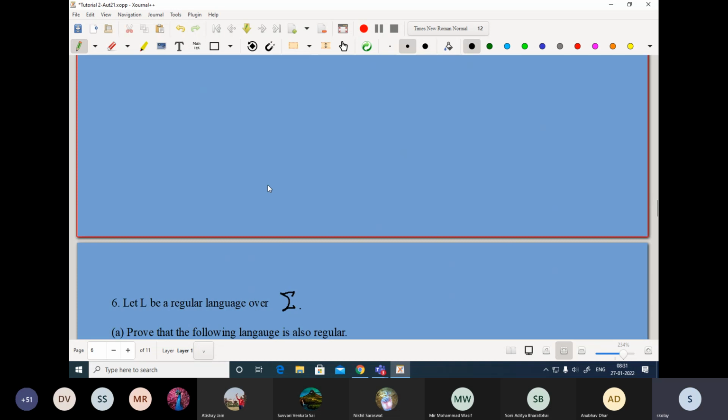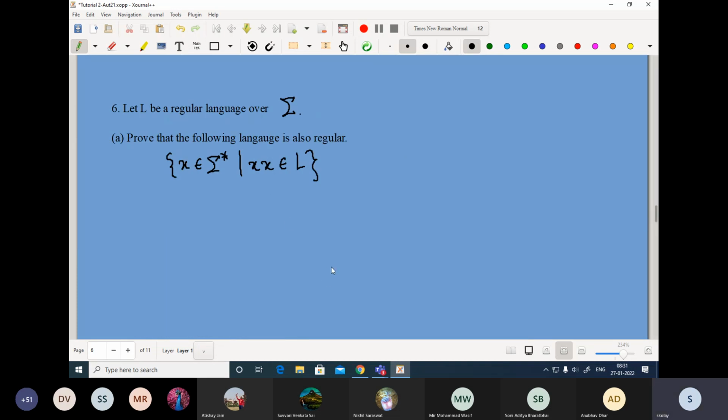Okay, so we'll go to the next question. Now you have a regular language L over some sigma. You have to prove that the following language is also regular: X in sigma star such that XX is in L. So this language is also regular.